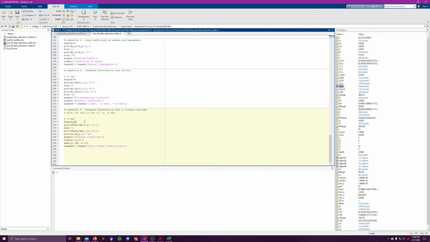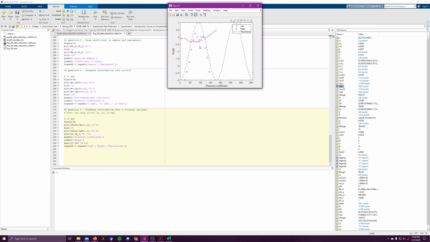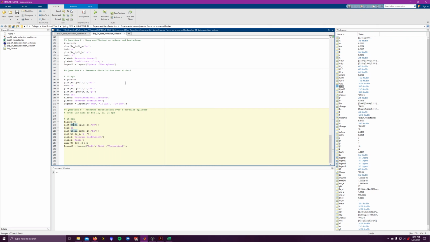Okay, so if I run this right now, I get a weird looking plot. So what I have to do is shift my left data by 180 degrees. So I'm going to do theta plus 180.